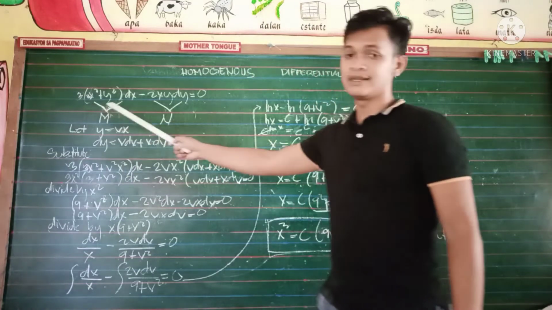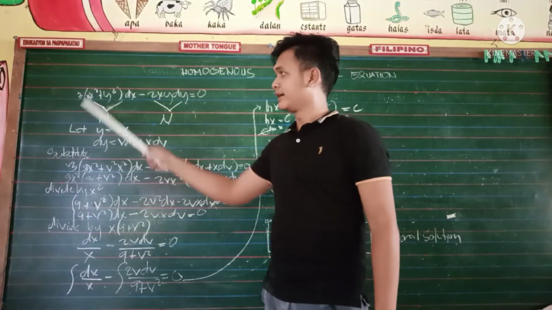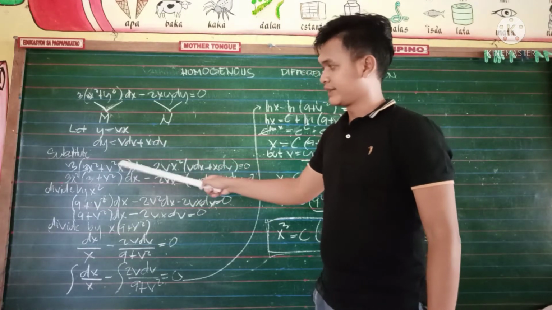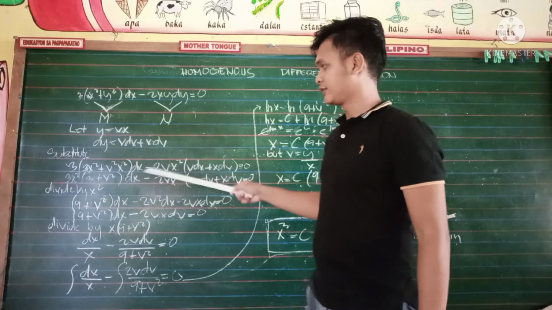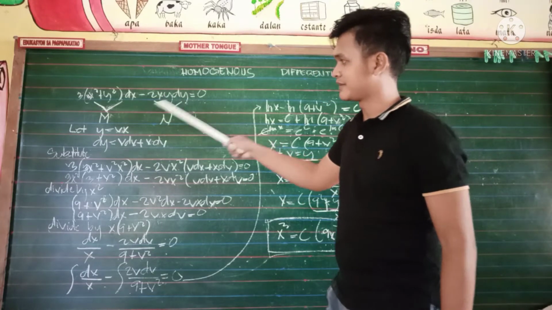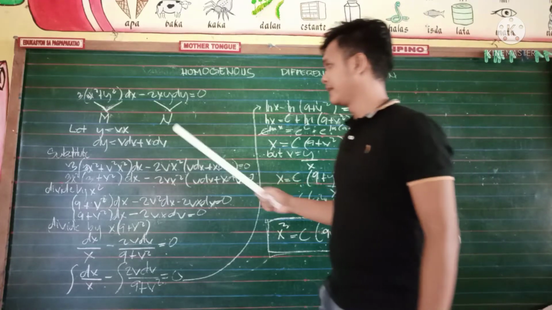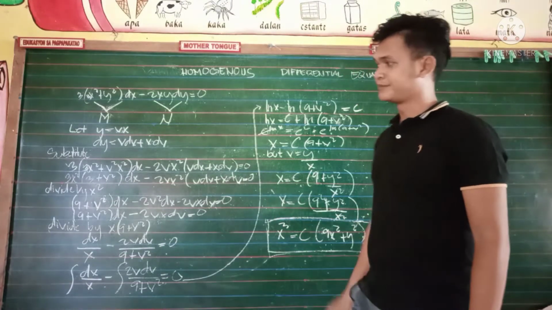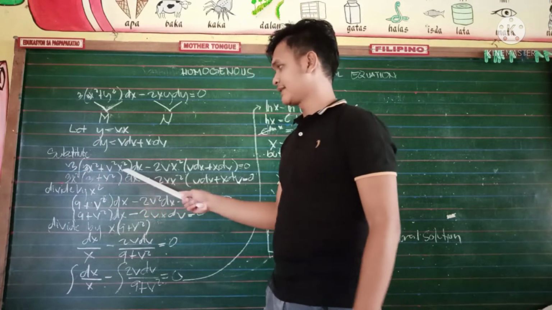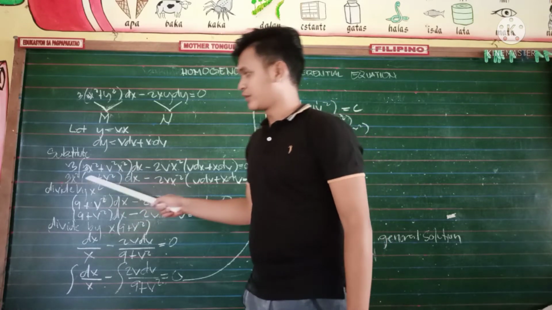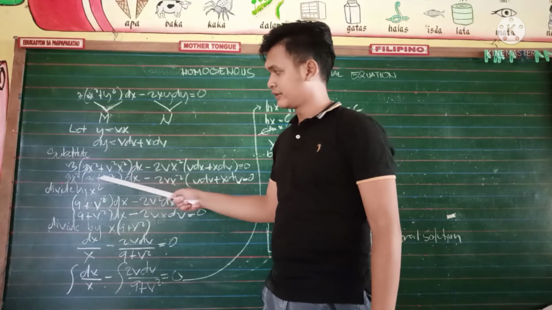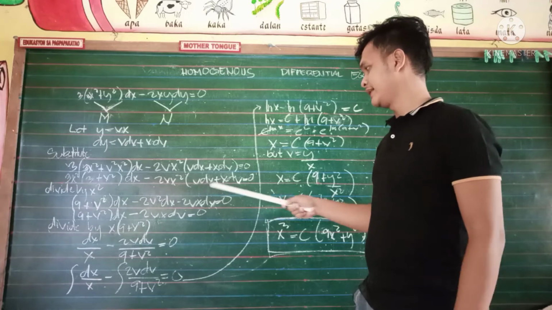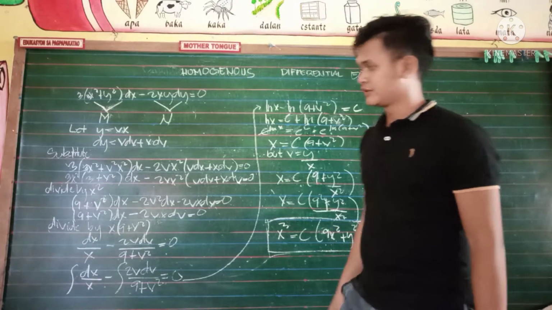Substitute into the original equation. Copy the (3x squared plus y squared), which becomes v squared x squared, dx minus copy the 2 and x times vx is vx squared, and copy the dy, which is v dx plus x dv, equals 0. The common factor of this is x squared, so x squared multiplied with (3 plus v squared) dx minus 2v squared (v dx plus x dv) equals 0.